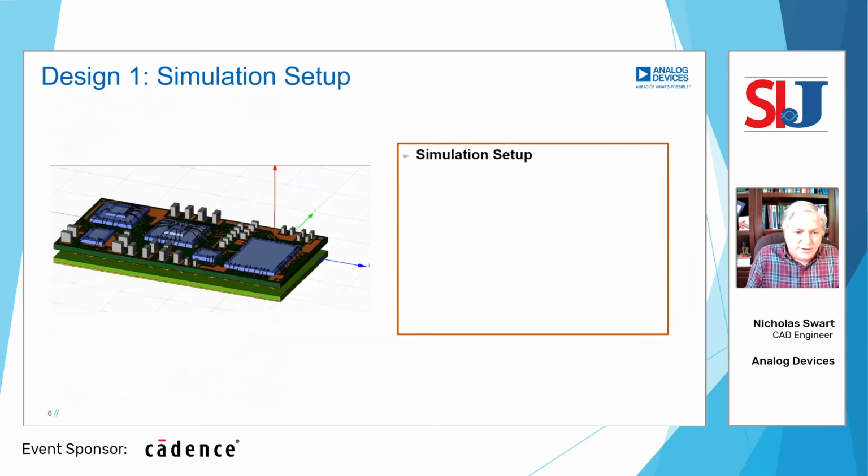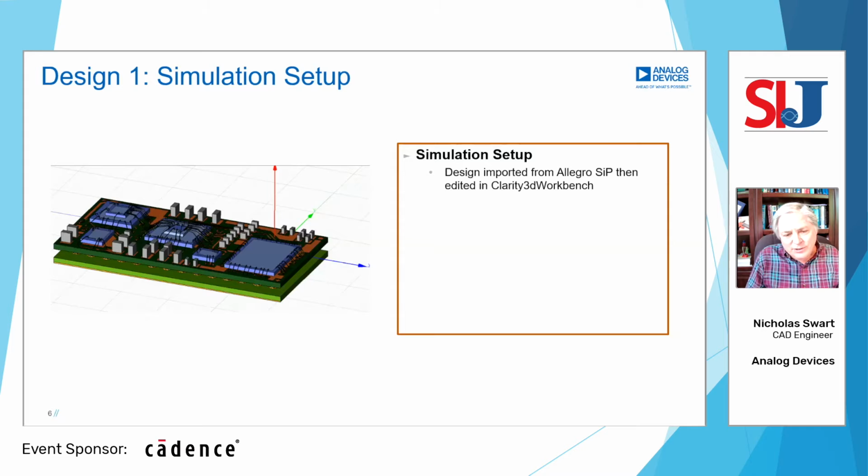Okay. So in terms of simulation setup, we imported the design from Allegro SIP, and then we edited it using Clarity 3D Workbench. And this is a good point to just explain. There are 2 tools that form the Clarity tool suite. One is called Clarity 3D Layout, and one is called Clarity 3D Workbench.